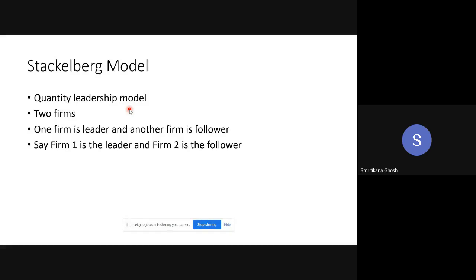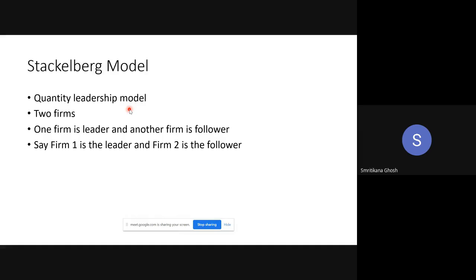So that was the Cournot. But here, just another extreme, where based on the quantity decision of one firm, another firm will take its decision. Okay, so it is the quantity leadership model.